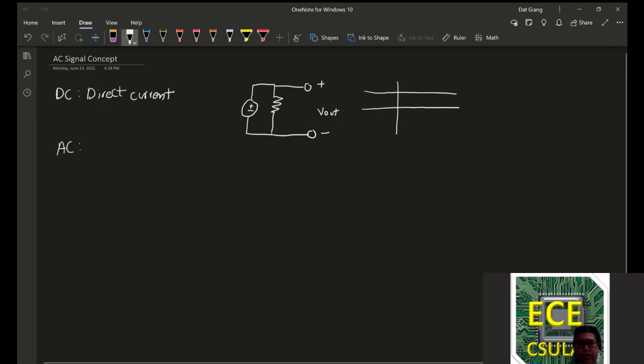So AC stands for alternating current. The main idea is now instead of having batteries, we have fields that fluctuate to generate some kind of signal.